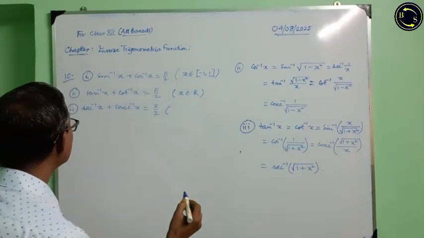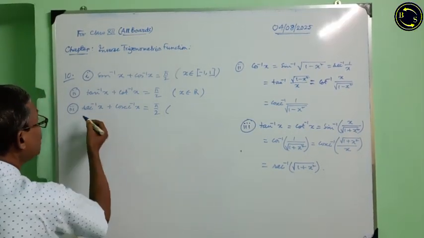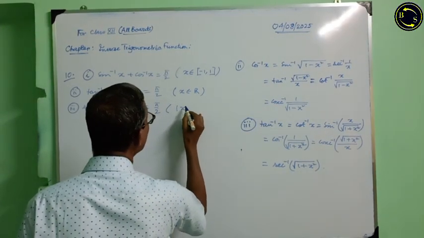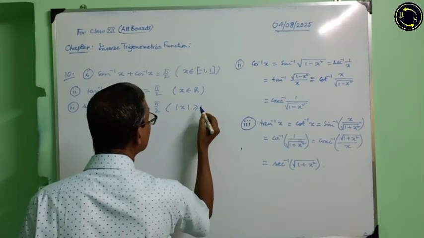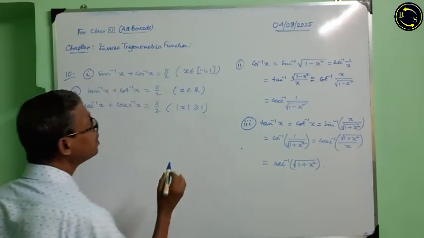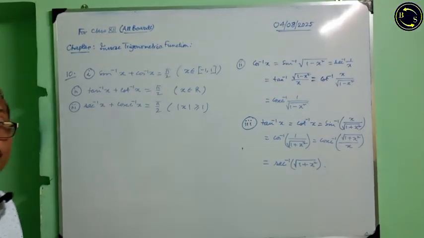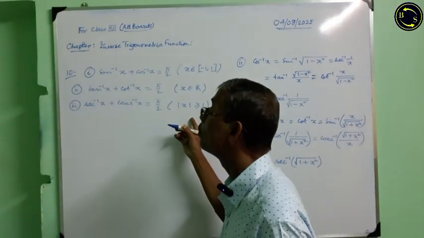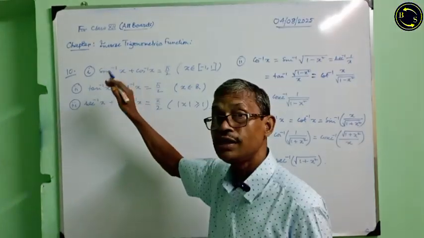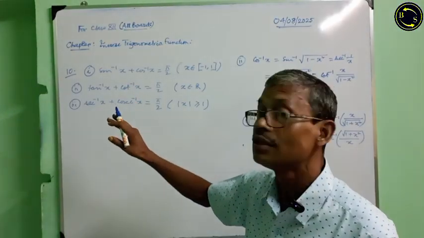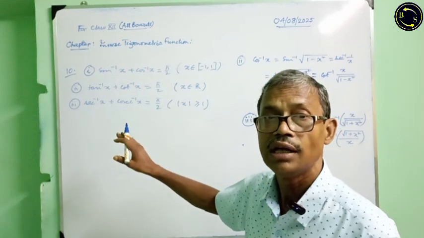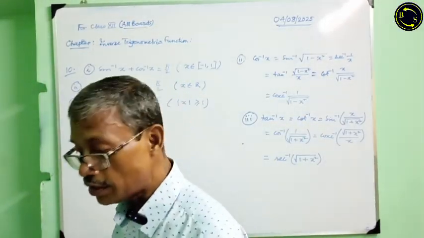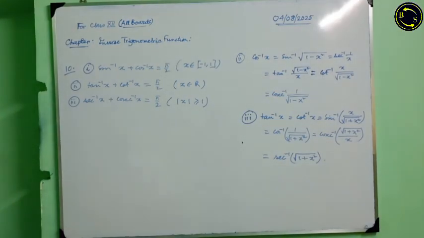In case of the third one, x will be greater than or equal to 1 or x will be less than or equal to minus 1. That is represented in short by this one. In set 10, 3 parts are there. I proved 1 and the remaining 2 are to be proved by yourself.